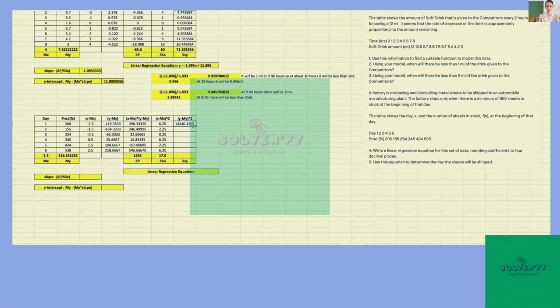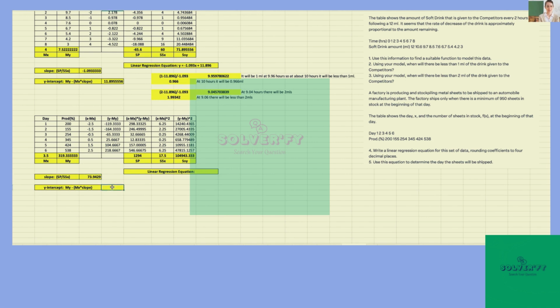And then I'm going to total that column. That's known as the sum of the squares of Y. And then for my slope, I'm going to take the sum of the products and divide it by the sum of the squares of x. And then I'm going to go out 4 decimal places.